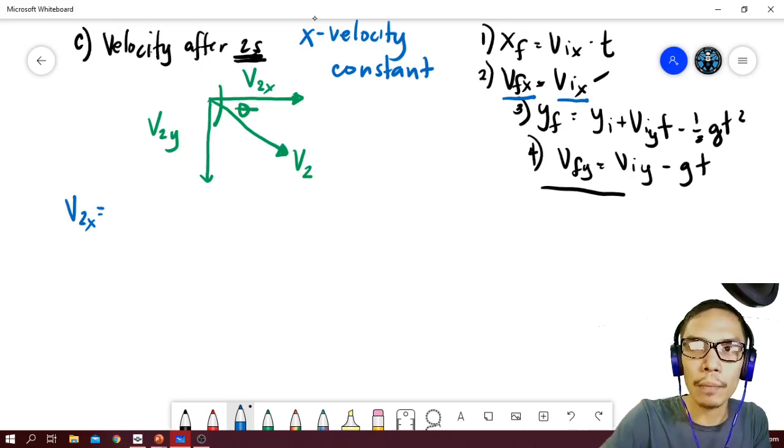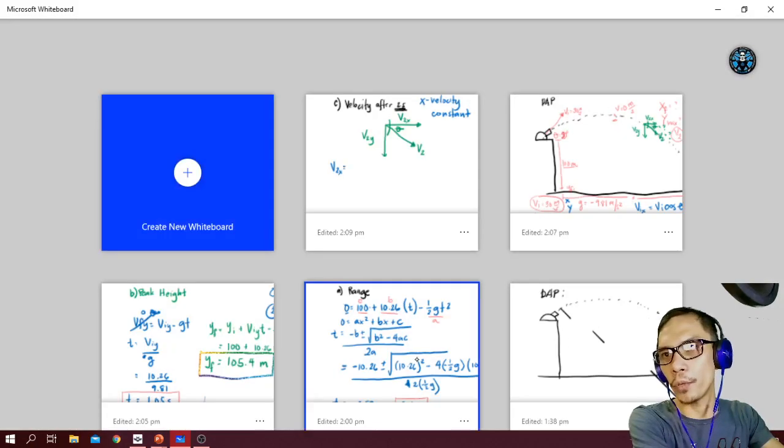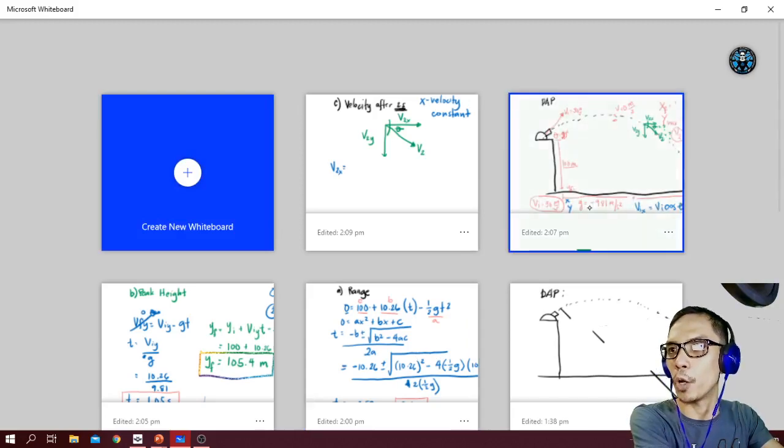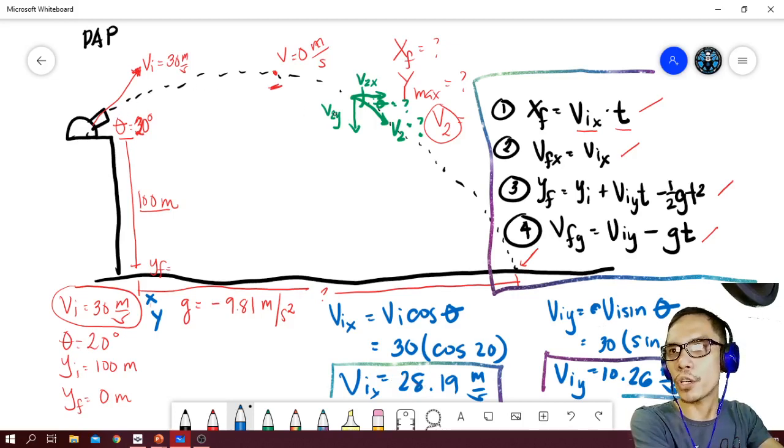So if we go back to our computation moments ago, this is your Vix. It tells us that at all positions on this trajectory, it is always equal to this value, which is 28.19.